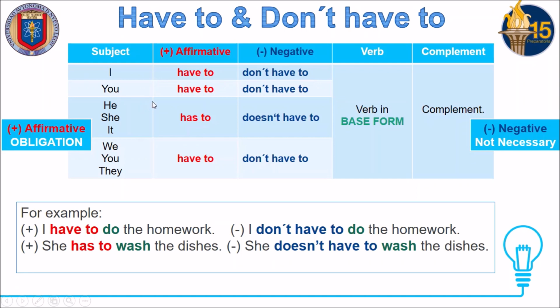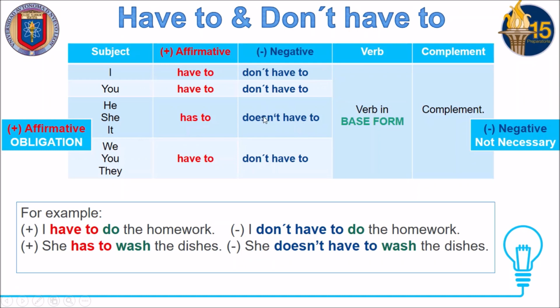The one that is going to change is the third person. He, she, and it has to. The negative form, doesn't, so pay attention to this. As you already used the s here, with doesn't, the next one is going to be in base form. So it is not okay to say doesn't has.